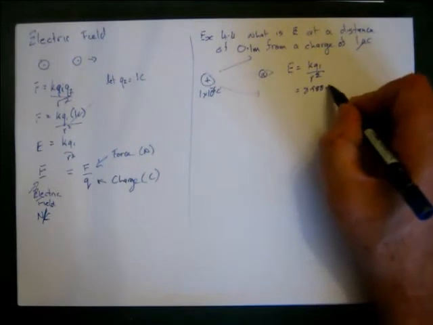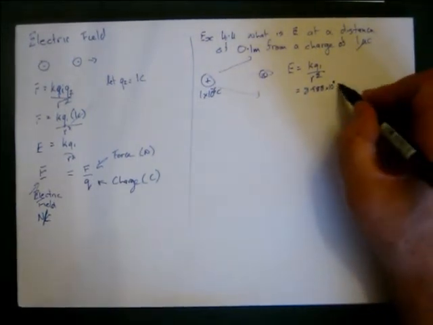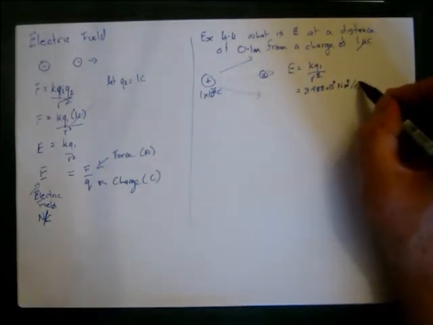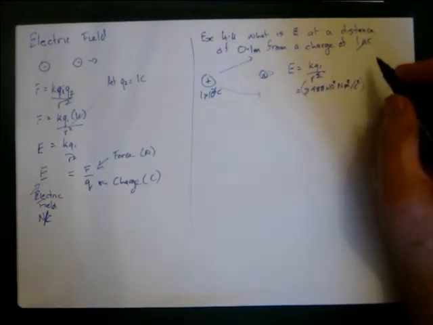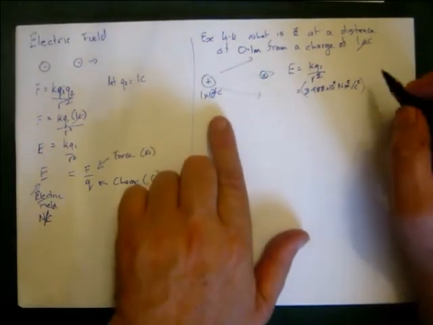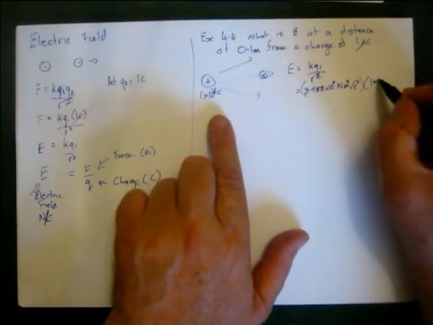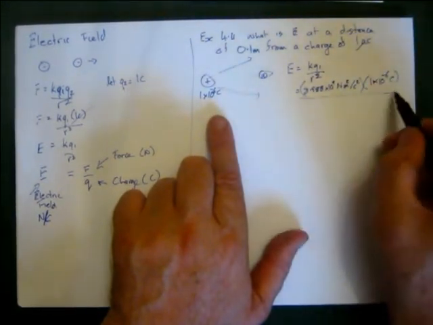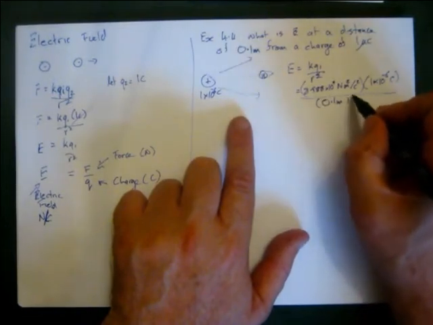8.988 times 10 to the 9 newton meters squared per coulomb squared, times 1 times 10 to the negative 6 coulombs, all over the distance of 0.1 meters squared.